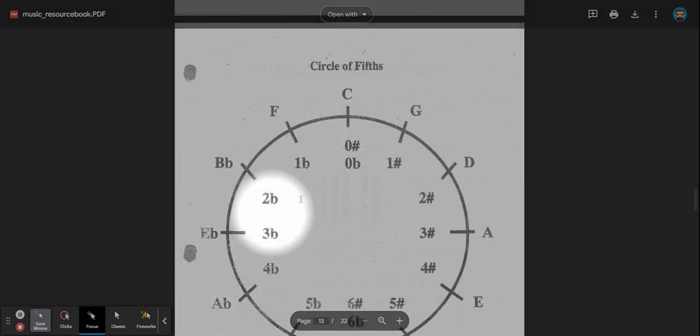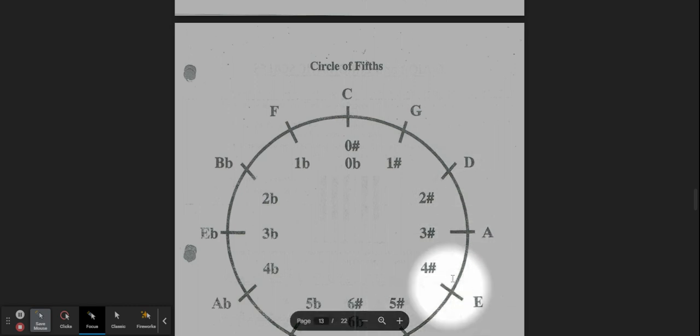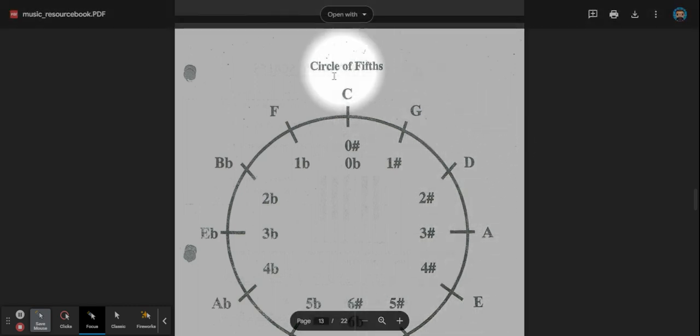Okay, and yeah, the circle of fifths is more for orchestral instruments, I would say, because we have string instruments that a lot of times are going to be playing in these keys more often than these keys. They're going to be using these scales more than these scales.